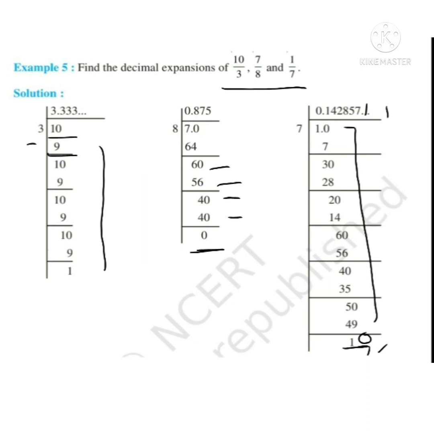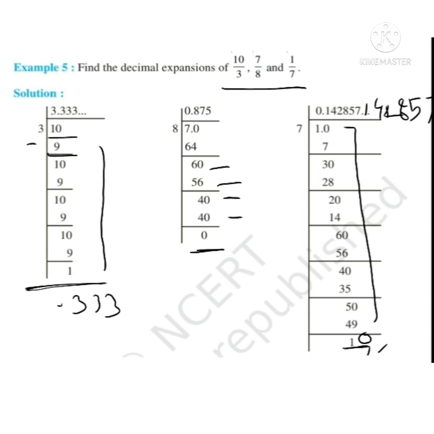It repeats itself. It means that after this, the digits 1 4 2 8 5 7 are going to repeat itself. Now you can easily see that in the first division, one single digit keeps on repeating.